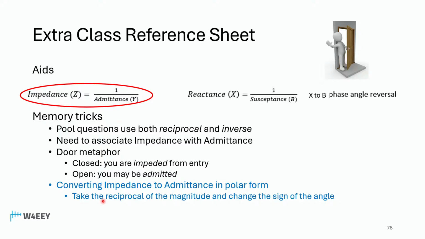So that's what all this is saying. Take the reciprocal of the magnitude and change the sign of the angle. If it's an angle, that's going to be polar, and the way the pool question is worded, polar does appear in the pool question. So the sign of an angle will flow together with that.